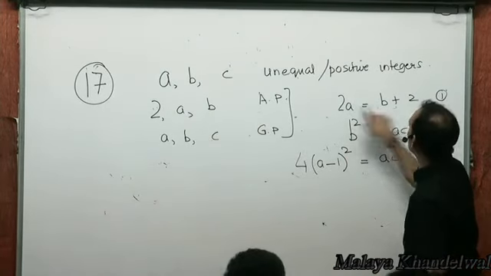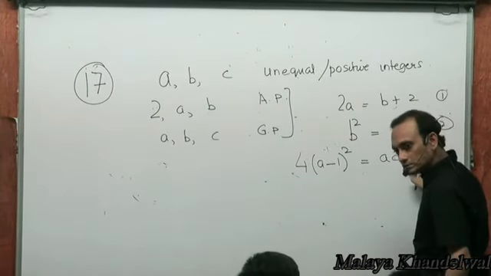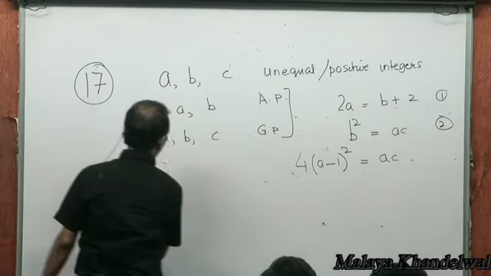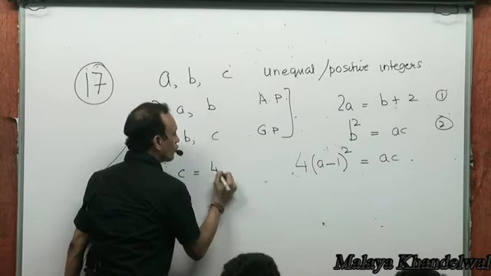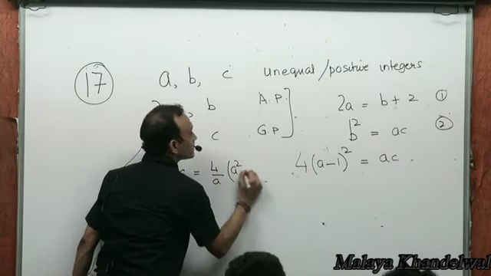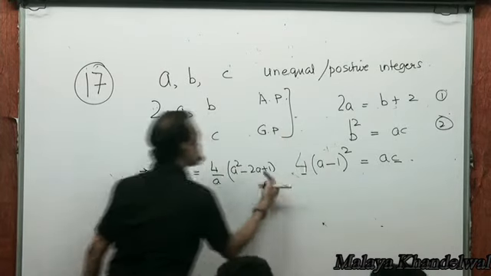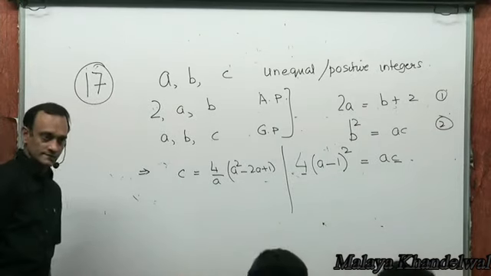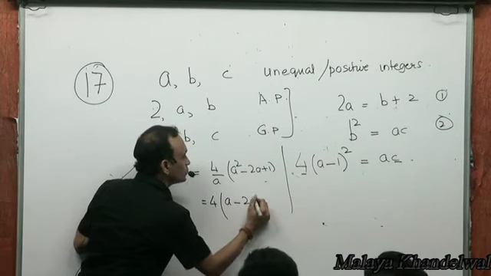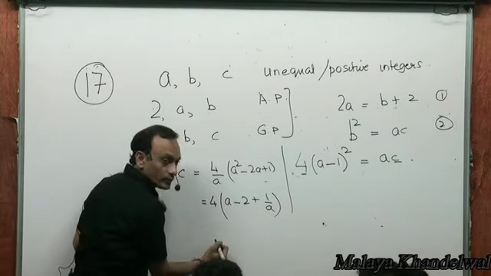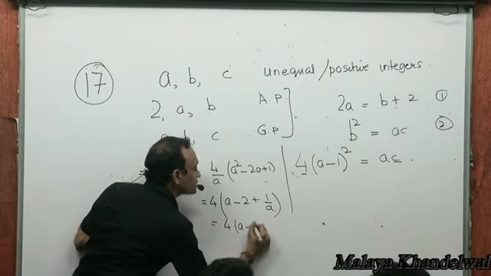So 4 into (a minus 1) whole squared is ac, or c is 4 by a into (a squared minus 2a plus 1), which is 4 into (a minus 2 plus 1 by a), which is 4 into (a minus 2) plus 4 by a.